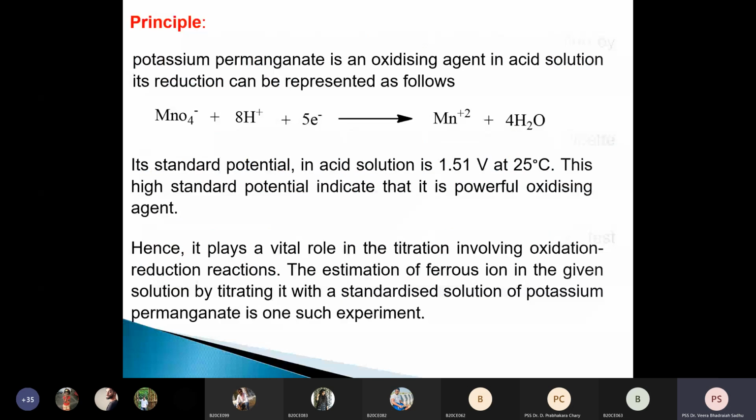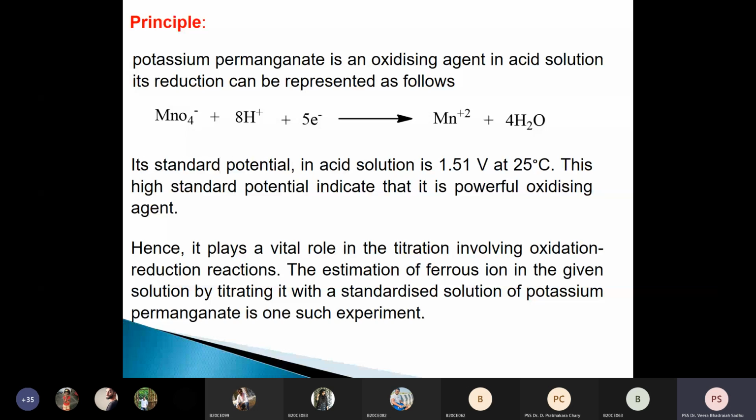What is the reaction of potassium permanganate? Potassium permanganate is known as a very strong oxidizing agent, because the standard potential of potassium permanganate is 1.51 volts at normal room temperature. That's why it's known as a very strong, powerful oxidizing agent. In acidic medium, KMnO4 reacts with the H+ ions, and the KMnO4 is reduced to Mn2+.